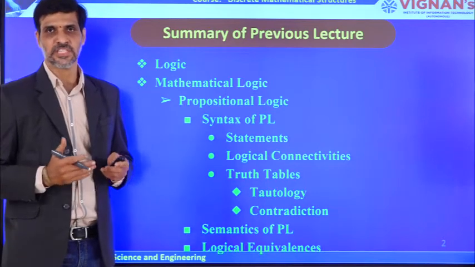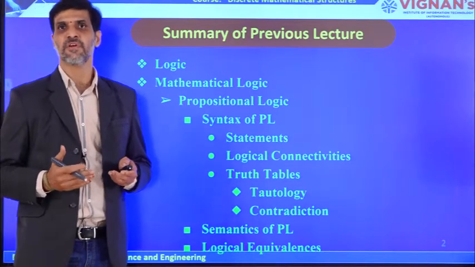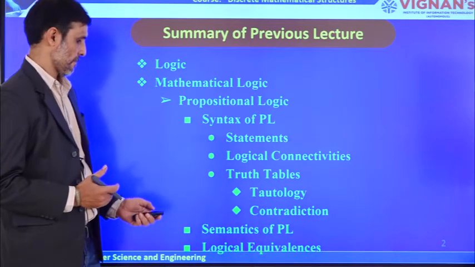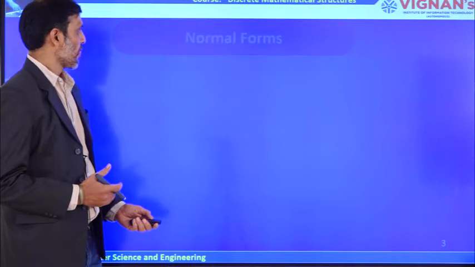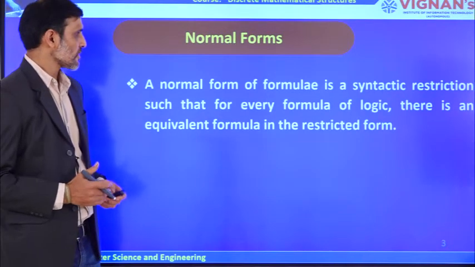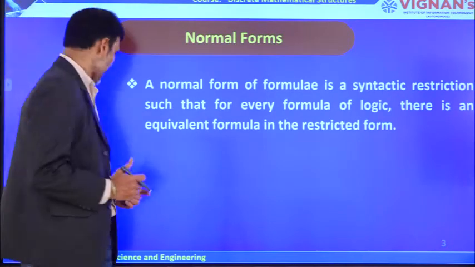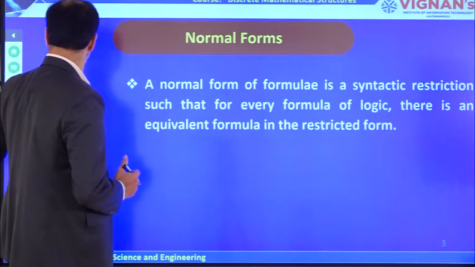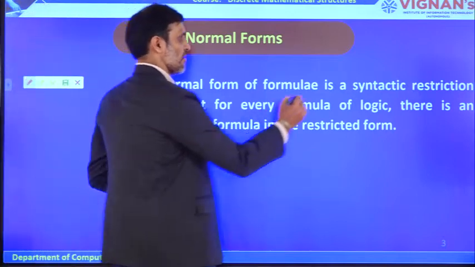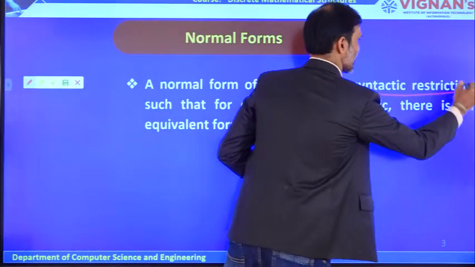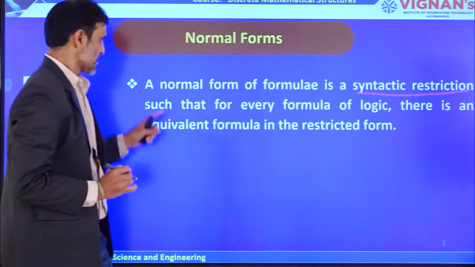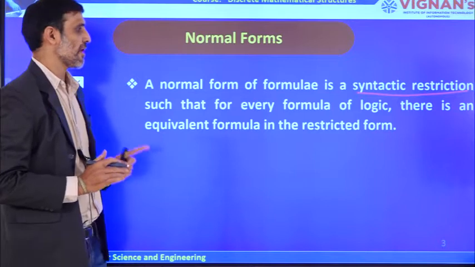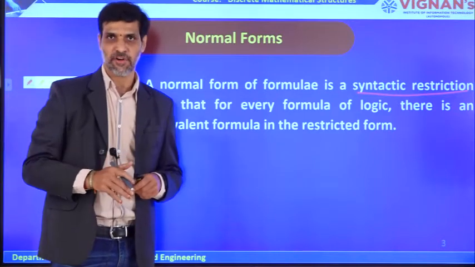So let us start with the definition of normal form first. By definition, a normal form is a syntactic restriction such that for every formula of logic there is an equivalent formula in the restricted form.